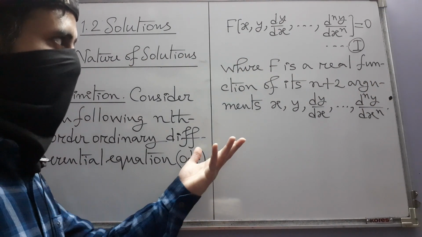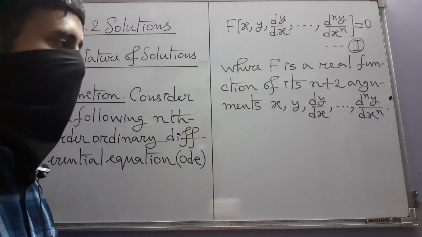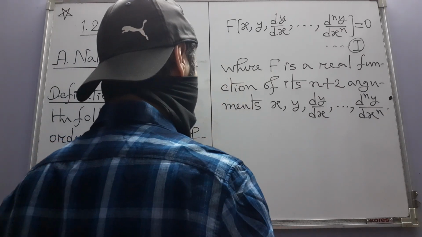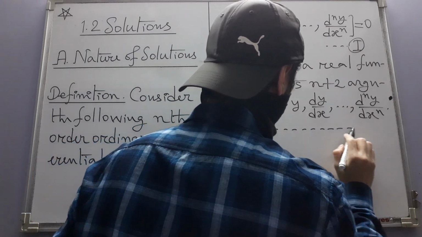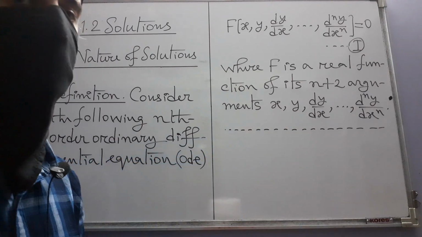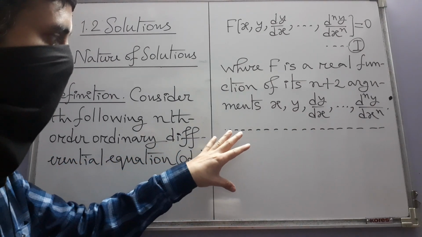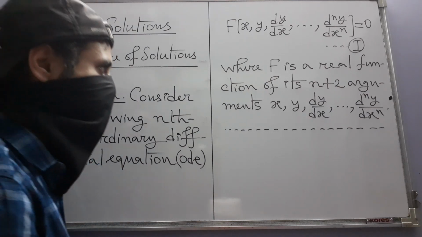Although it's clear what this equation means, still, let us make it even more clear. I am going to inject some explanations which are not parts of the definition, and they will appear between dashed lines like this.